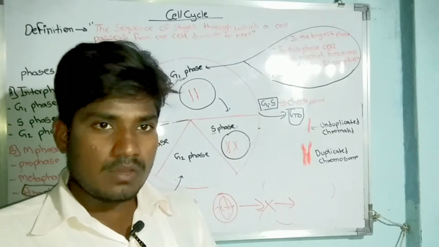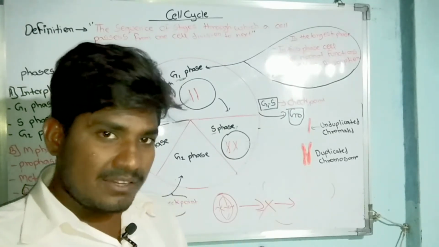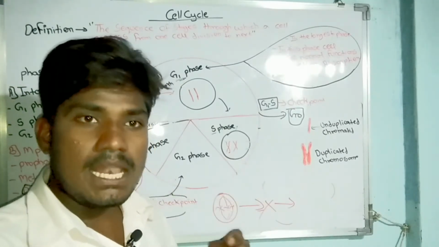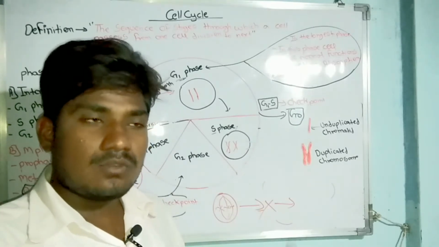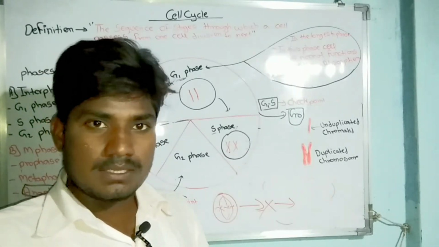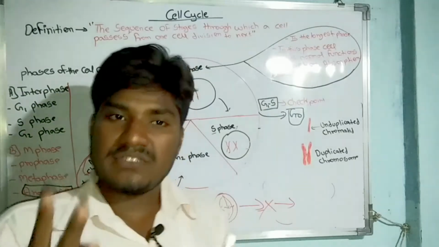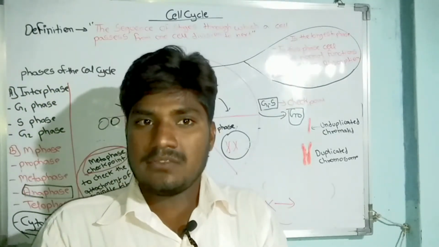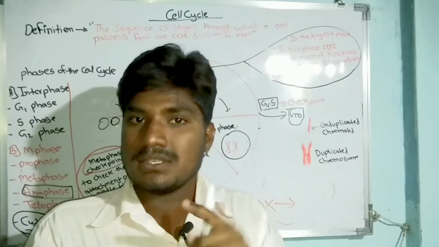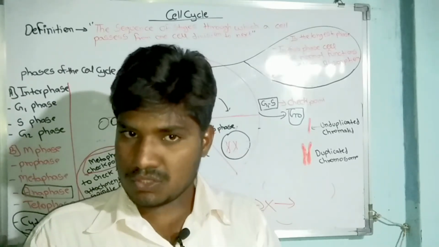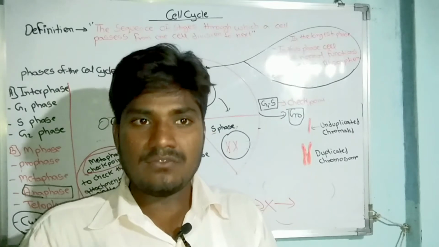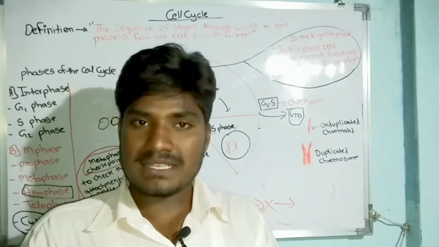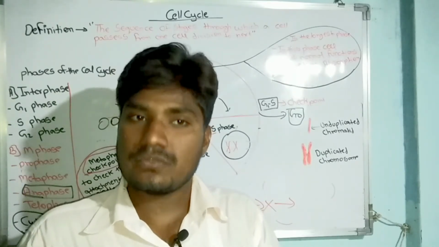Okay, I hope now you are clear with the different phases of the cell cycle and its checkpoints. Let's revise it. The cell cycle has two different phases, interphase and M phase. Interphase has three different phases: G1 phase, S phase and G2 phase. M phase has four different phases: prophase, metaphase, anaphase and telophase.